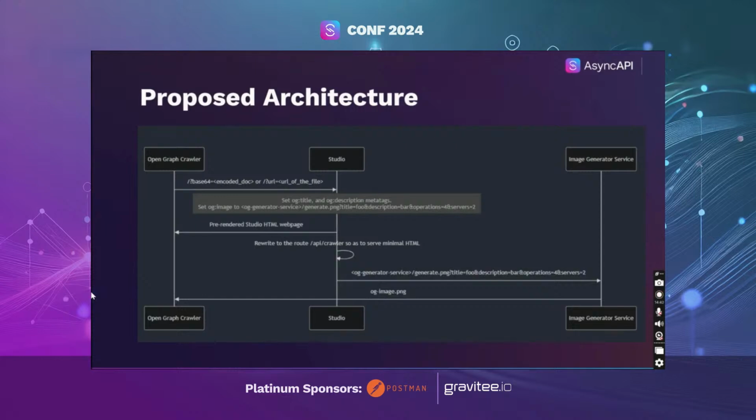And redirected is not the correct word here, because it is happening internally in the Studio's site itself, right? We are not redirecting it to a separate service. So we are rewriting the request to a particular route. And the specialty of this route is that it's just going to focus on the Open Graph related stuff.